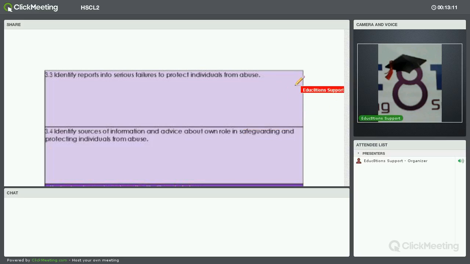Has it ever happened in a home or an organisation that you've worked for? So, have a think. And if it hasn't happened to you, if you haven't had to identify reports into this, imagine a scenario and tell me what you would do, how you would identify a report, okay?